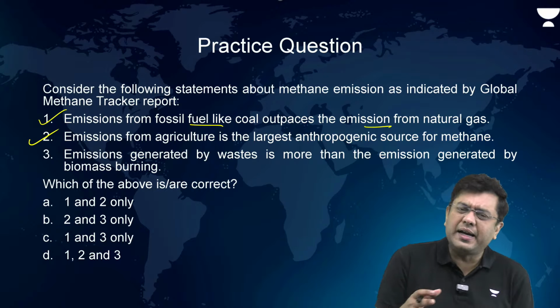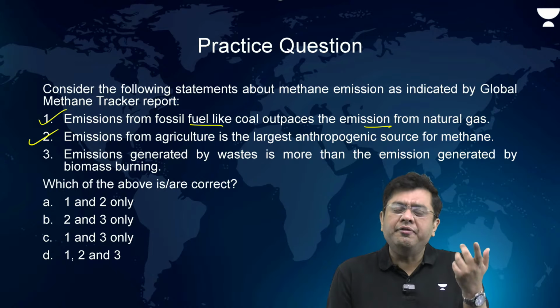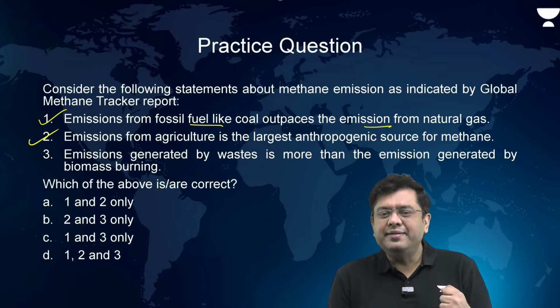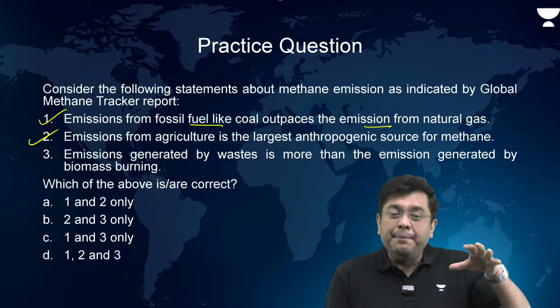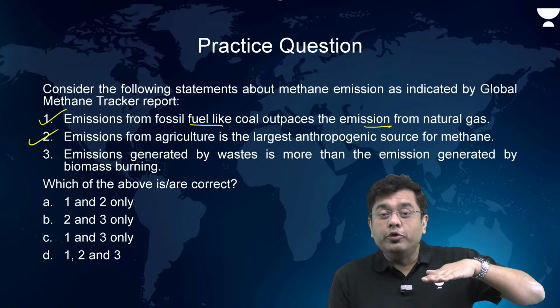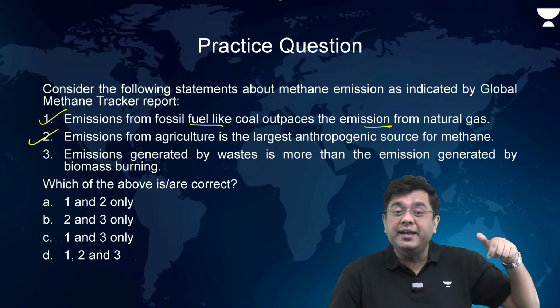Emission from agriculture is the largest anthropogenic source. Now, which part of agriculture are we talking about? For example, when you carry out animal husbandry, methane is emitted by the bovine and the milch cattle. Then, for example, if you are growing paddy, rice cultivation, there also water is stagnant for a long period of time in the process of flood irrigation.